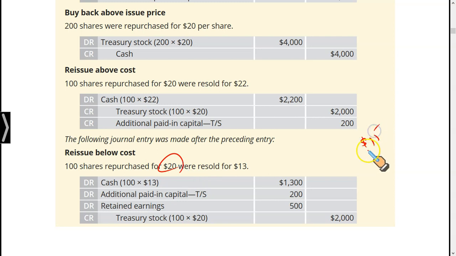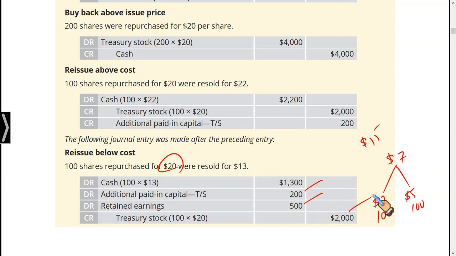So what do we do? This $7 loss would need to be split. 5 goes to retained earnings and $2 goes to additional paid-in capital. So 100 times 2 and 100 times 5. We debit additional paid-in capital 200, we debit retained earnings 500, and we remove the stock by crediting the treasury stock at cost.